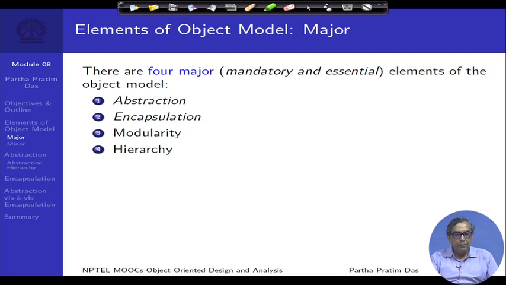The major elements include abstraction, encapsulation, modularity, and hierarchy. You have heard about these terms somewhat vaguely in the earlier modules. Our objective now would be to concretely define these elements, these parameters of object models, and see how they play out in different examples.